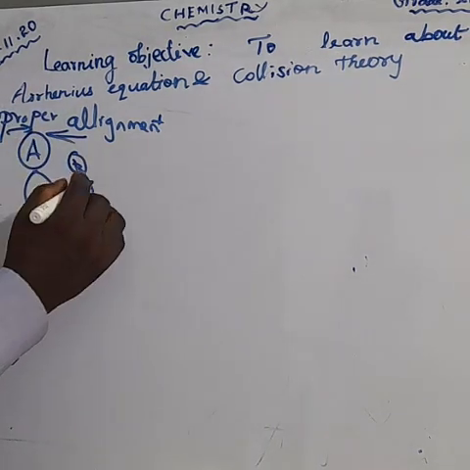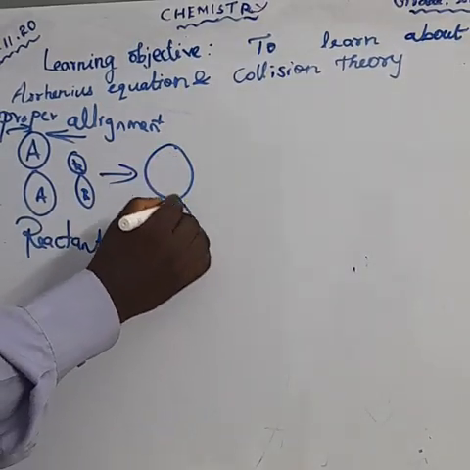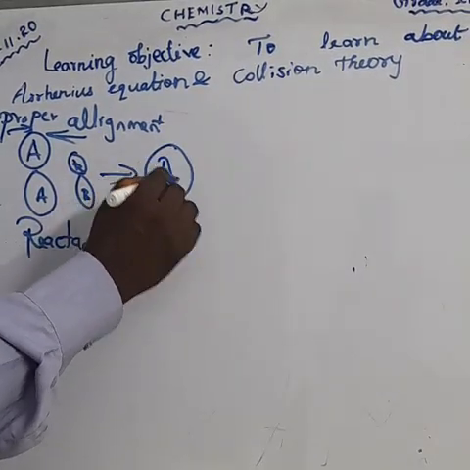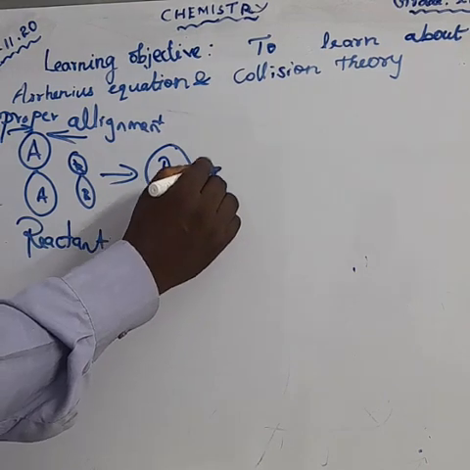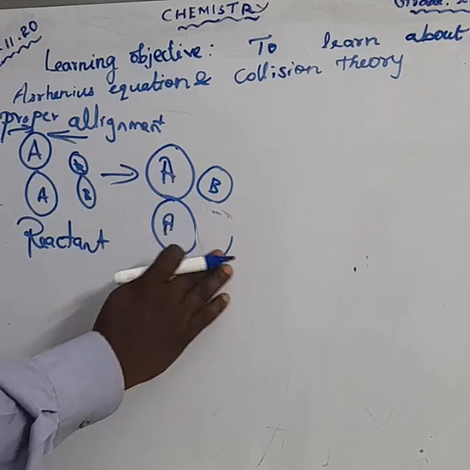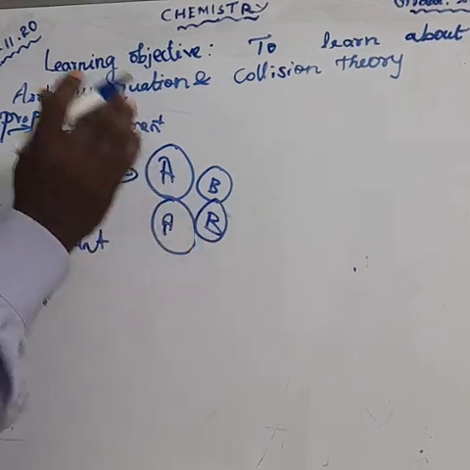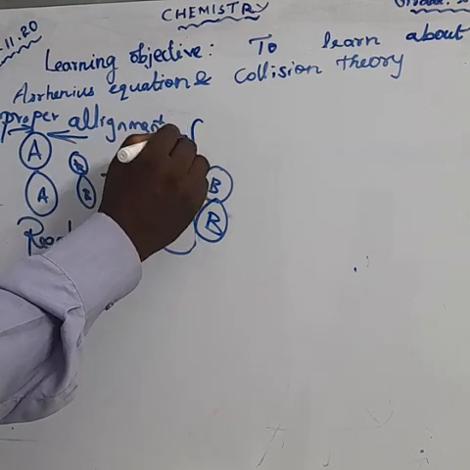The collision is in the correct form, so this goes to effective collision. A, B. This is the correct collision, effective.